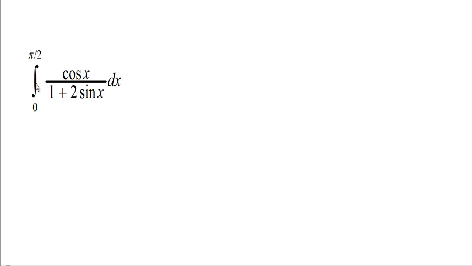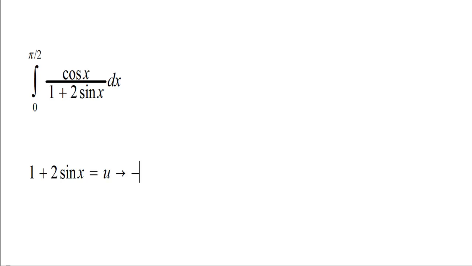Okay, now if I took derivative of cosine x, what will I get? Negative sine x. I don't see that anywhere, do I? If I took the derivative of this, what would I get? Very good, and cosine x is sitting right here for us, right? Very nice. So let's just try this out, right?